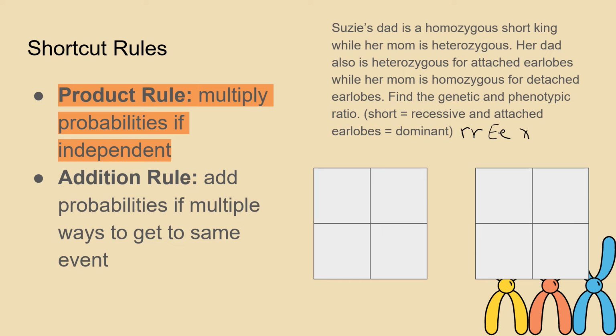And then her mom is homozygous for detached earlobes. And we'll just say she's heterozygous for height because it doesn't say. So then here we'll do our dihybrid cross.